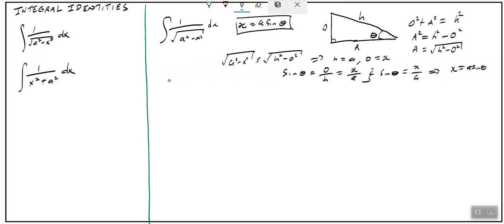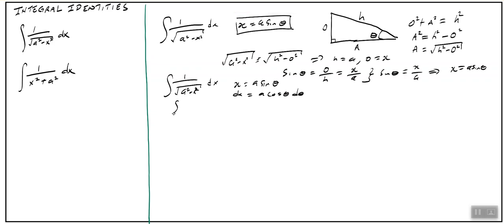So to solve this question, we'll have 1 over the square root of a squared minus x squared dx, right? We already know what x is. Our x is a sine theta. We need to find dx. By differentiating both sides, we have a cosine theta d theta.